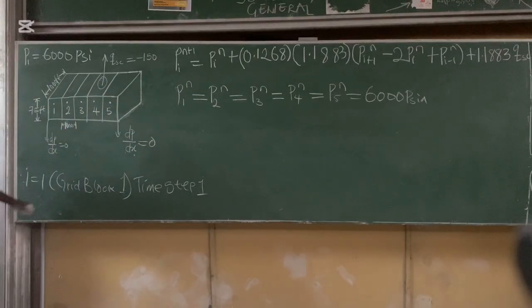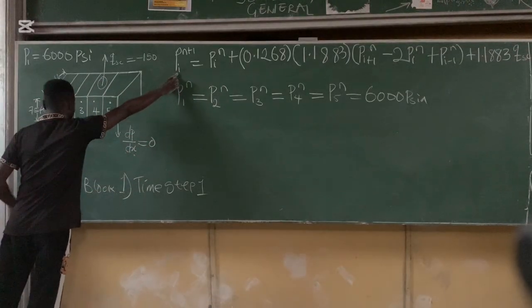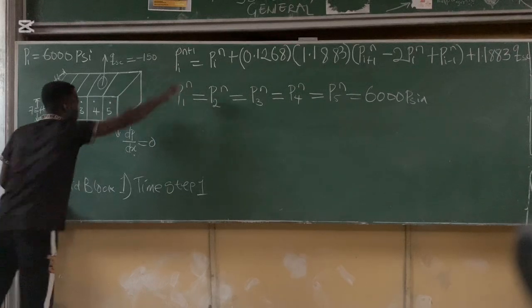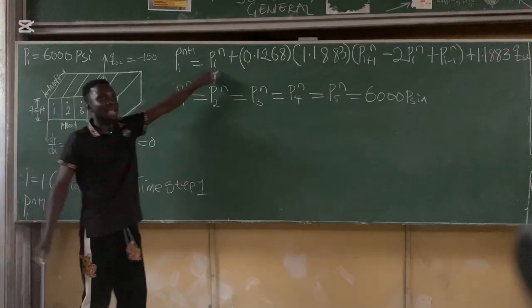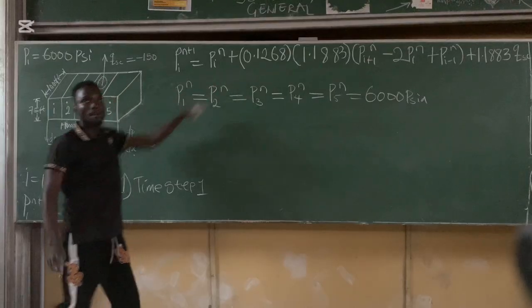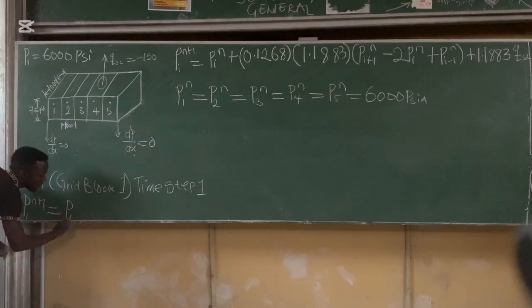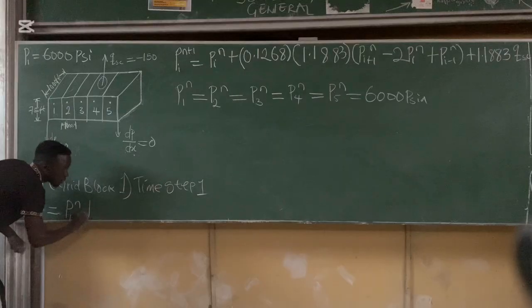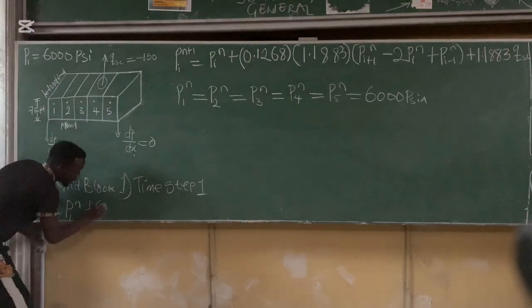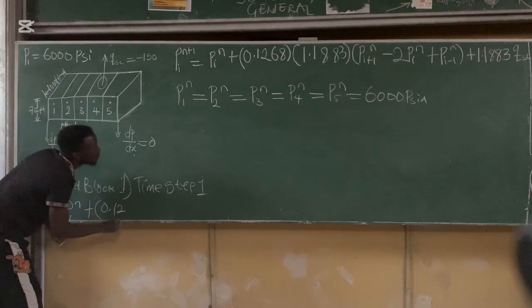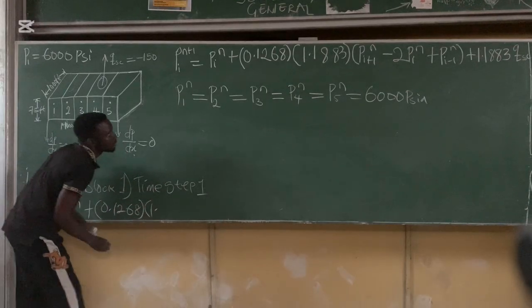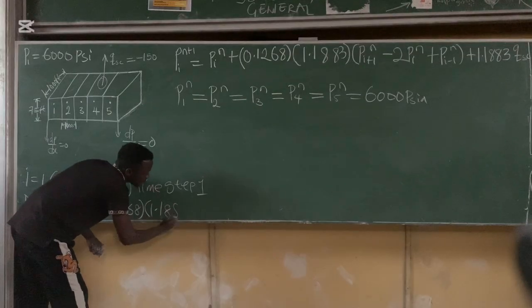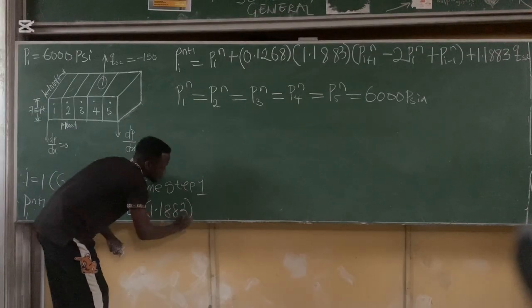Substitute i equal to 1 in this equation. If you substitute i equal to 1, here becomes i is 1. So this becomes P1 raised to n plus 1 equal to, this is Pi, i is 1, so this becomes P1n plus, remember that is a constant, 0.1268 into 1.1883, close the bracket.